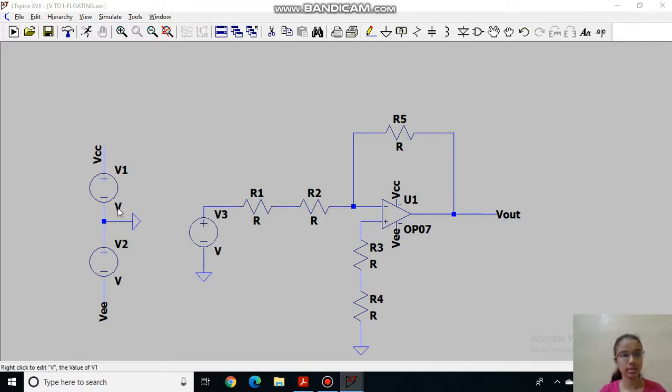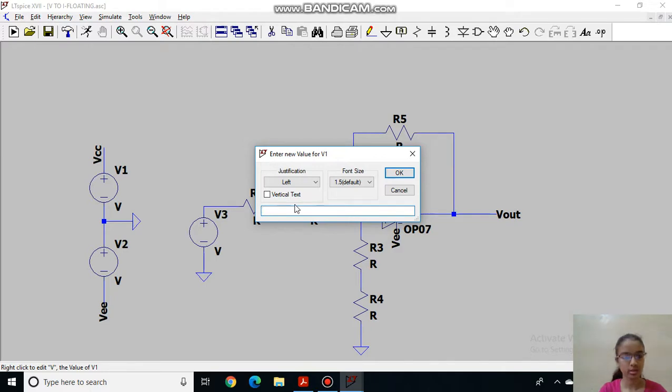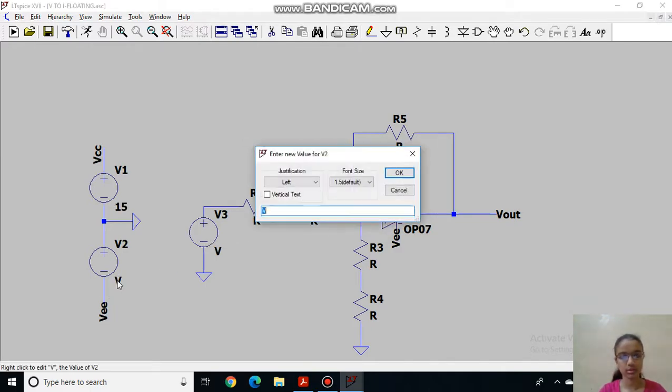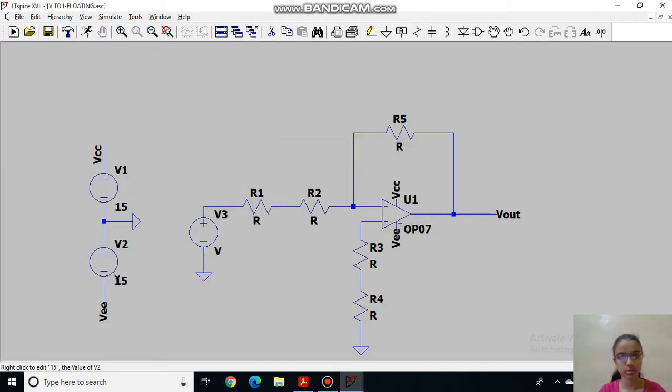So now I am writing values: 15 volt, this supply also 15 volt.